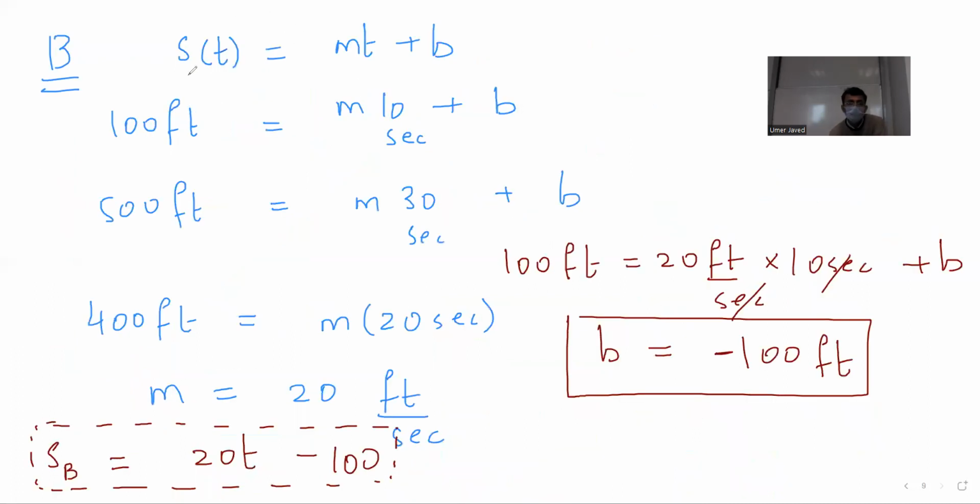I will put a B here and done. Okay, quickly, tell me the velocity then. So V_B as a function of time equals 20 feet per second, and then A will be, it's not even a function of time now, but anyway, it will be 0.